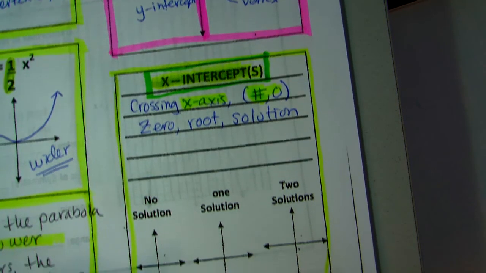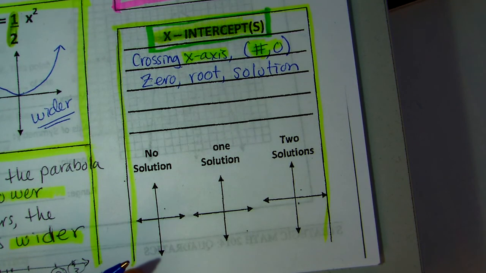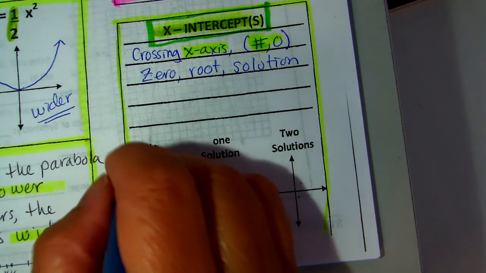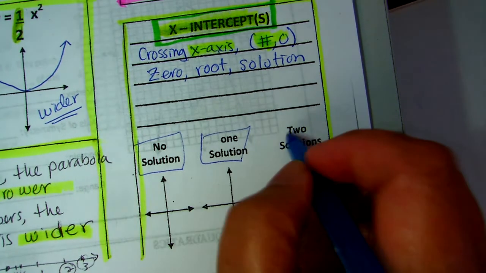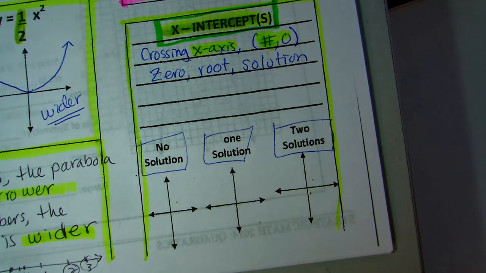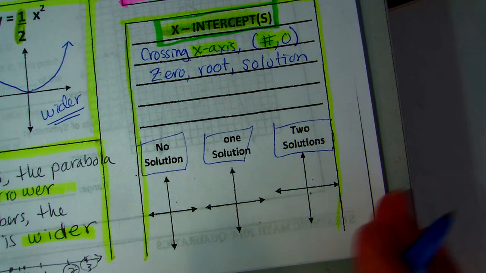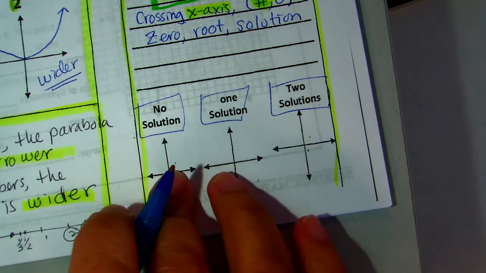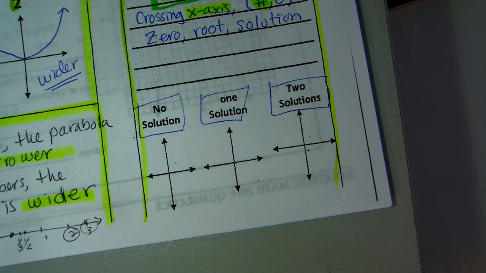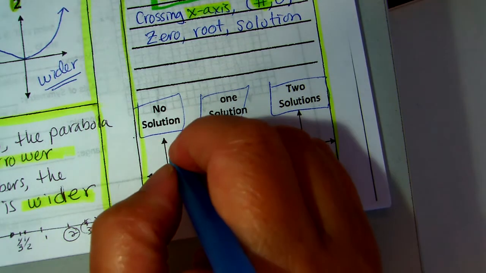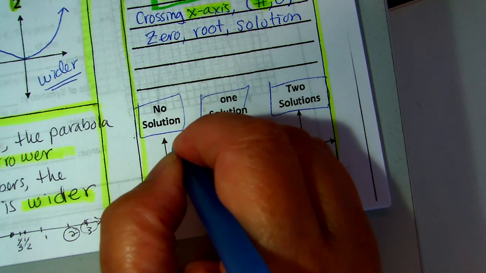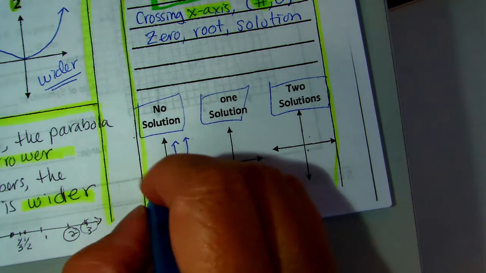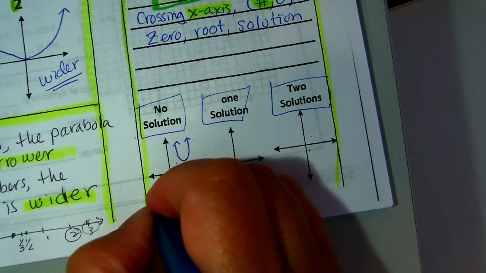And there's going to be three types of x-intercepts, or three types of graphs in relation to the x-intercepts. Look at this. It says no solution, one solution, two solutions. This has nothing to do with systems of equations. When we are finding the solutions of a quadratic function, we say that it can have no solutions. When you have a quadratic function that has no solutions, it means that your parabola is going to look something like this or something like this.